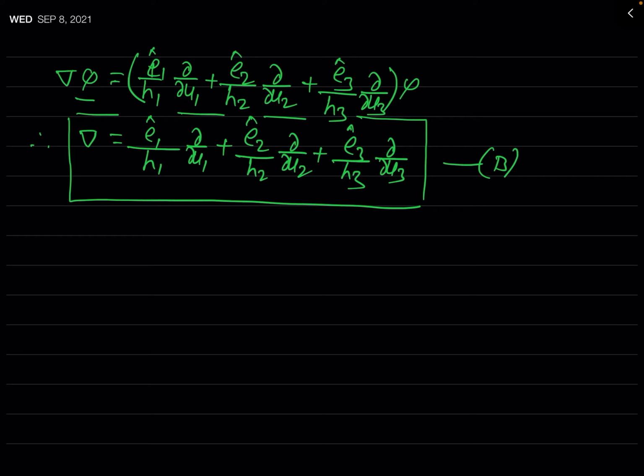So when we discuss the particular orthogonal coordinate system, then you will see what the values of h1, h2 and h3 are. But here we have defined this del operator in general orthogonal curvilinear coordinate system. So this is all about the gradient of a scalar function in orthogonal curvilinear coordinate system.